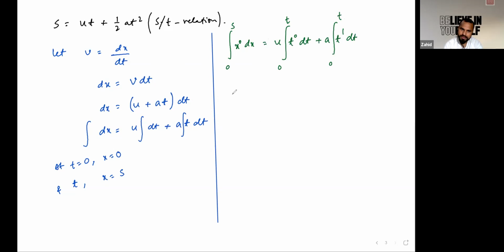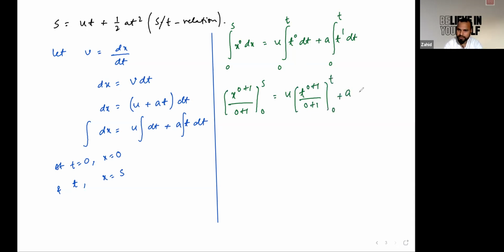Now, if you integrate this, you will get 0 plus 1 divided by 0 plus 1, limit s to 0. For t raised to 0, it will be 0 plus 1 divided by 0 plus 1, limit t to 0.